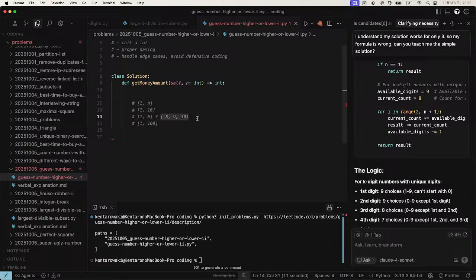So the important thing is to leave the higher numbers when guessing. Okay, and for lower, those are the subproblems. We just solve these problems.